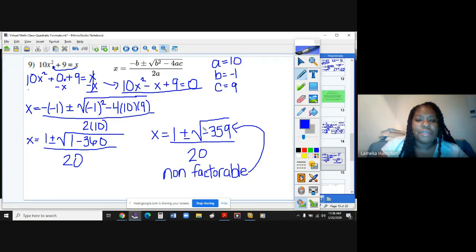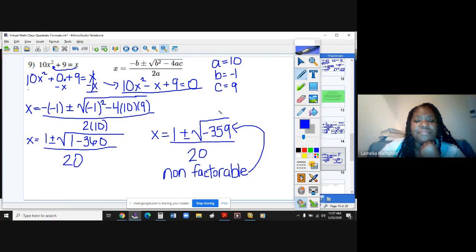Because a lot of times when we rush through things, we say, man, I really got it, and we come here, we get, oh, it's non-factorable. But you have to make sure that you are very strong in your arithmetic as it relates to working out the problems under the square root. Okay, that's very, very important. But in this instance, we took our time, we did everything we were supposed to do, and this is what our answer is. It's non-factorable. We can't do anything about it.